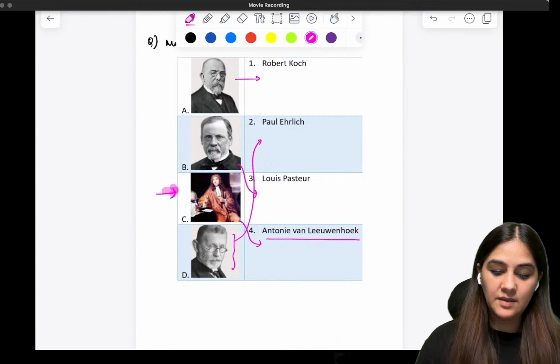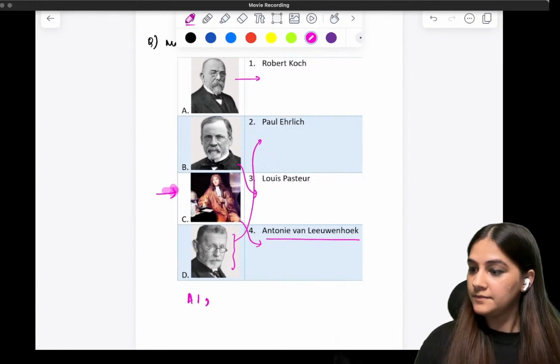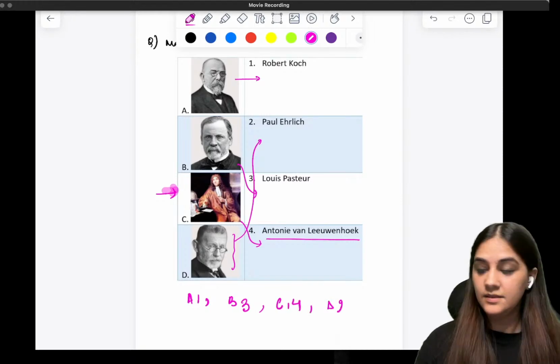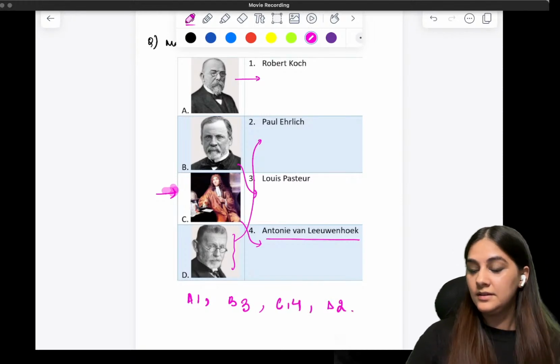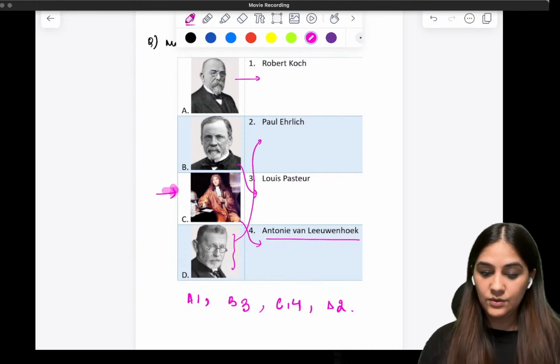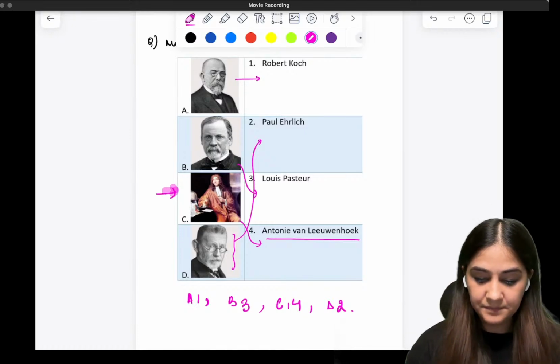So our answer becomes A1, B3, C4, and D2. Is it right? So people gave me Koch, then Pasteur, then Leeuwenhoek, and then Paul Ehrlich. Very good.